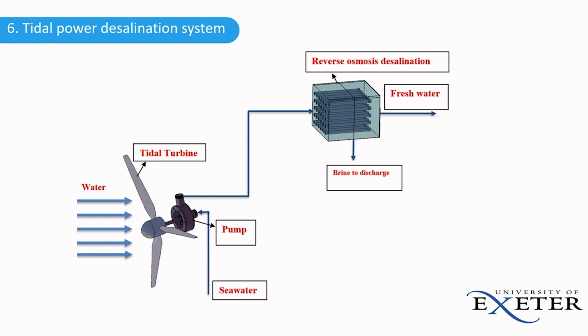When we put a tidal turbine in a sea, it can convert movement of the water to useful energy. With that useful energy, we can power a pump, and with a pump, we can provide the required pressure to the reverse osmosis desalination system for making fresh water.